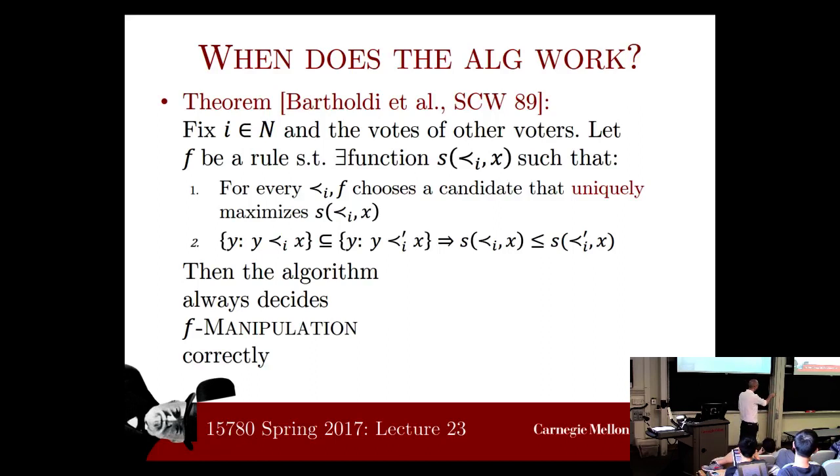If you look at two rankings for the manipulator, < and <', and these have the property that everybody who is ranked below x under this ranking is also ranked below x under the other ranking, then the score under this ranking is at least as high as the score under the other. So if there are at least the same and maybe more alternatives ranked below you, your score can only be higher. Intuitively, your score basically depends on the set of alternatives ranked below you.